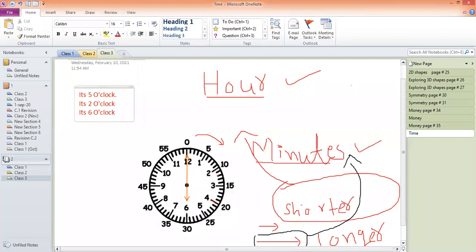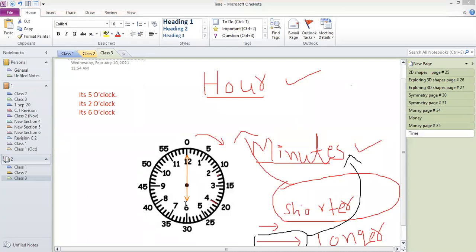Why 6 o'clock? Because the longer hand is at 0. Whenever the longer hand is at 0, that means no minutes have passed. So you will write the answer in that way. It's 5 o'clock, it's 2 o'clock, it's 6 o'clock. When the longer hand is at 12, you will just check the shorter hand. If it is at 6, the answer will be it's 6 o'clock.